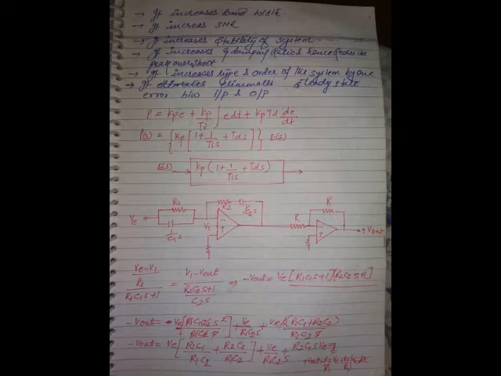So in a P plus D controller, when you add a derivative controller, no doubt the rise time will reduce, but at the same time the peak overshoot also will get reduced, because the derivative controller is increasing the value of theta. Right, next.